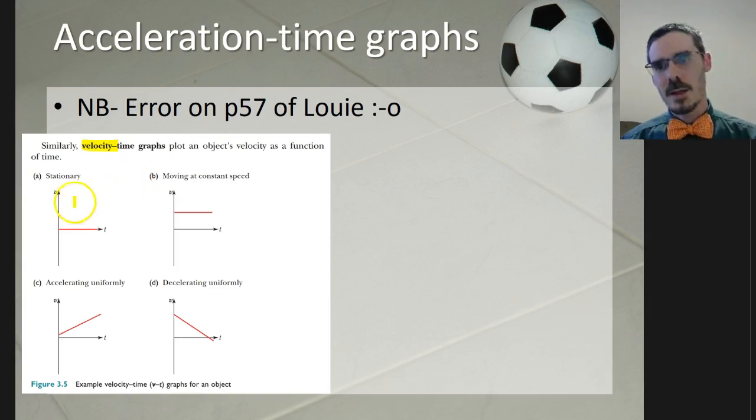So if it is stationary, then the velocity is 0. If it's moving at a constant speed, then the velocity is a constant. It's a horizontal line. If it's accelerating, uniformly means constant acceleration, then the velocity increases in a line. If it's decelerating uniformly, velocity decreases in a line. Those four are correct.